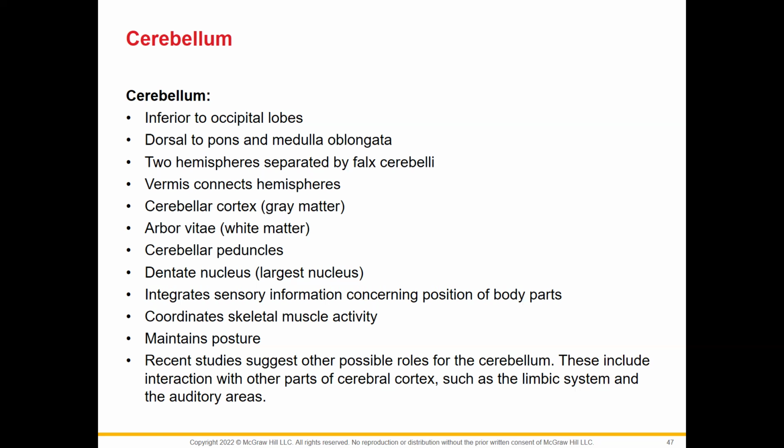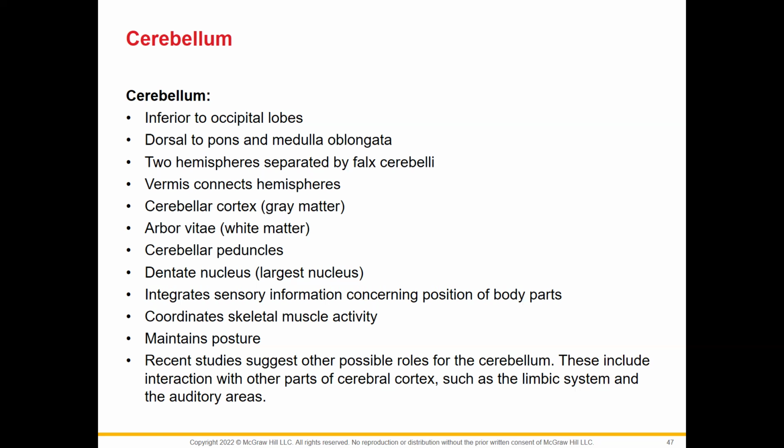So the cerebellum is inferior to the occipital lobes. The cerebellum will be on the posterior aspect of the brain, inferior to the occipital lobes of the cerebral hemispheres. It is dorsal to the pons and the medulla oblongata.